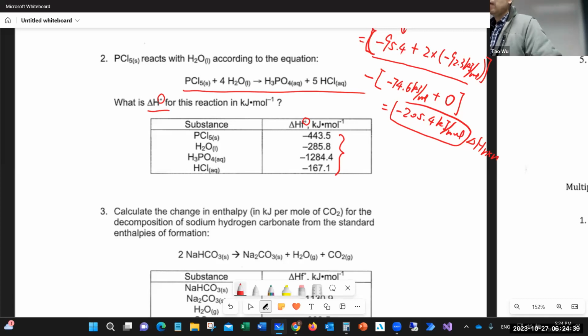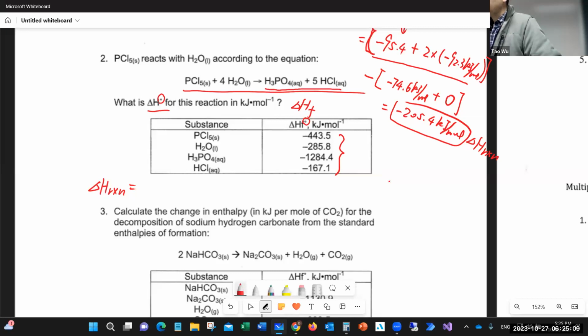Again, the enthalpy of the reaction is the product minus the reactant. This one gives you the enthalpy of formation. They have a delta H with an F, and the F means formation. Each one has an energy associated with it, and then you just need to see how many of each we have.